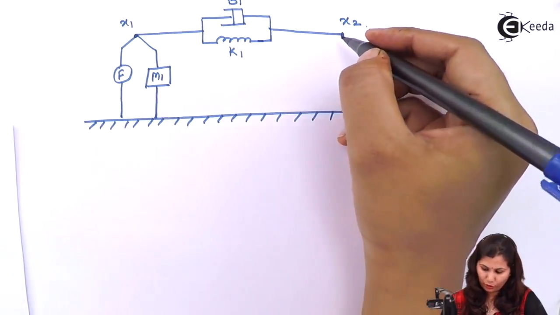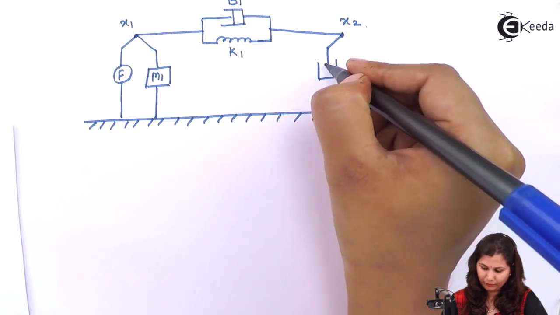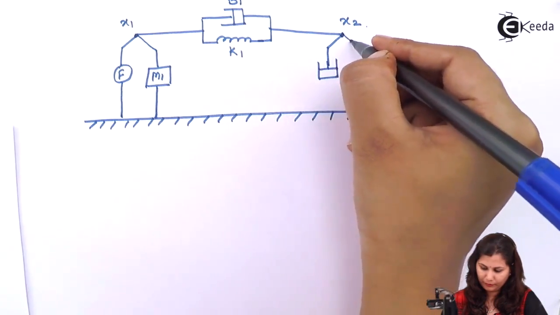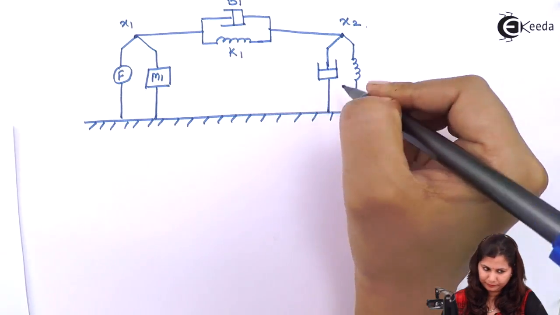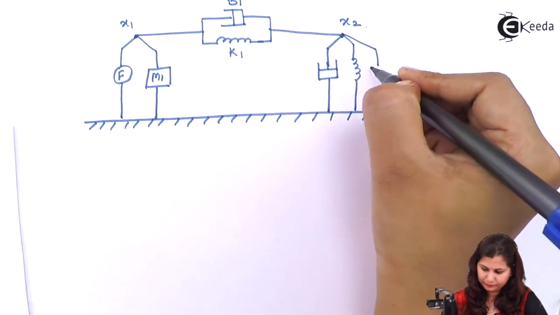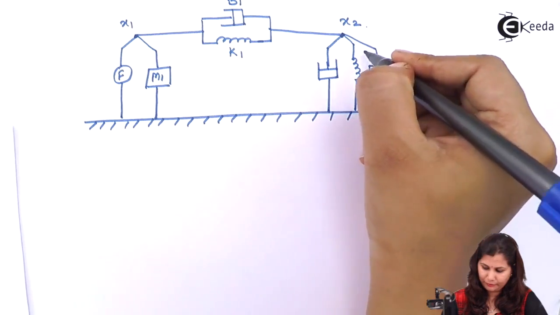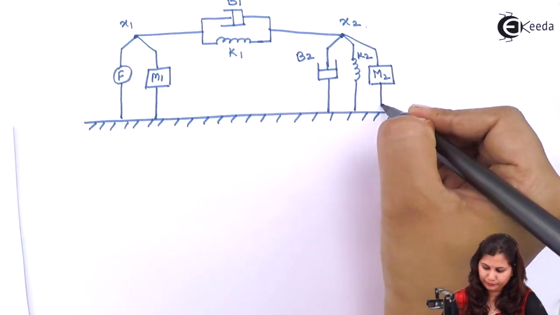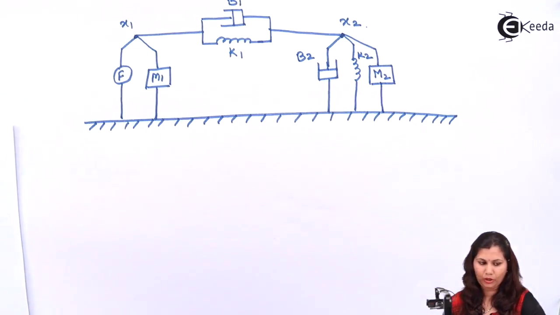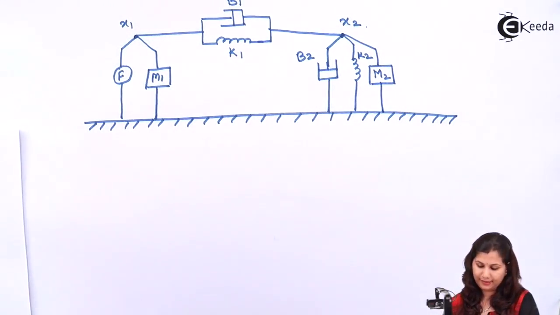So here we draw B2, M2, K2. This completes the nodal diagram of the system.